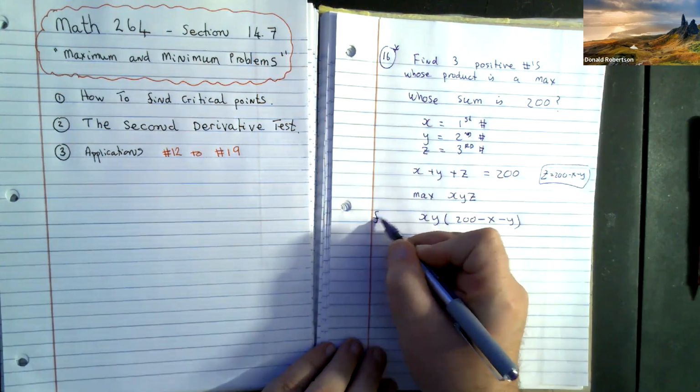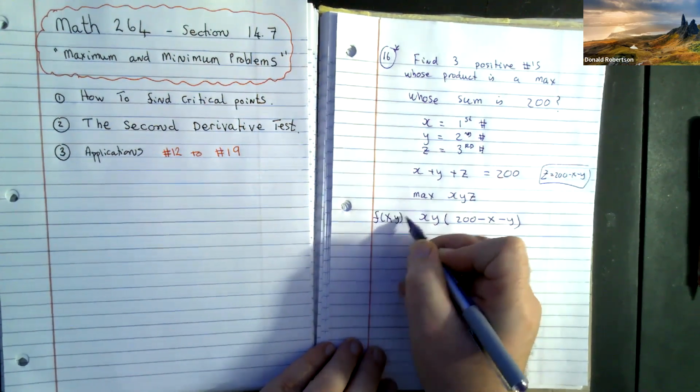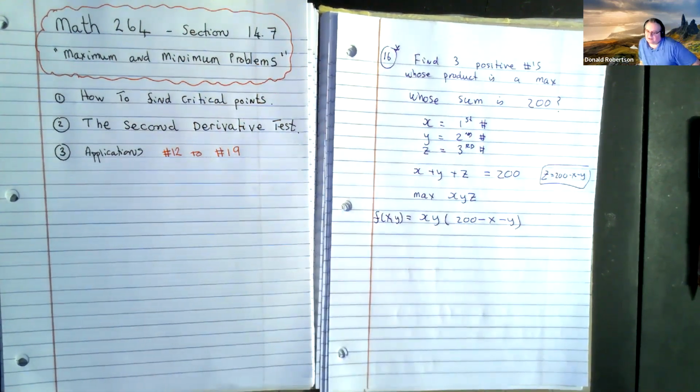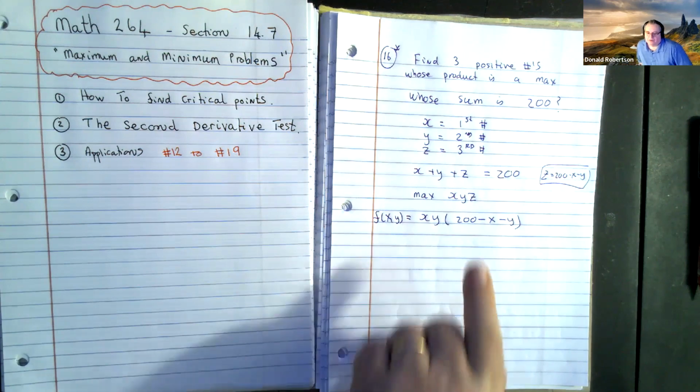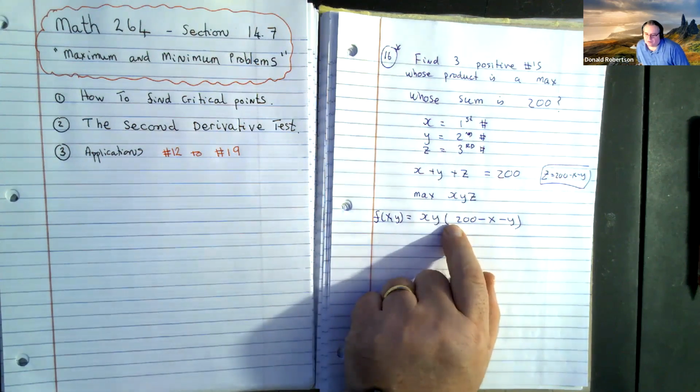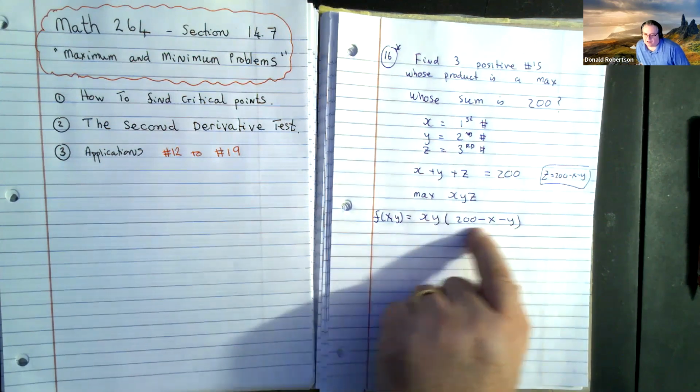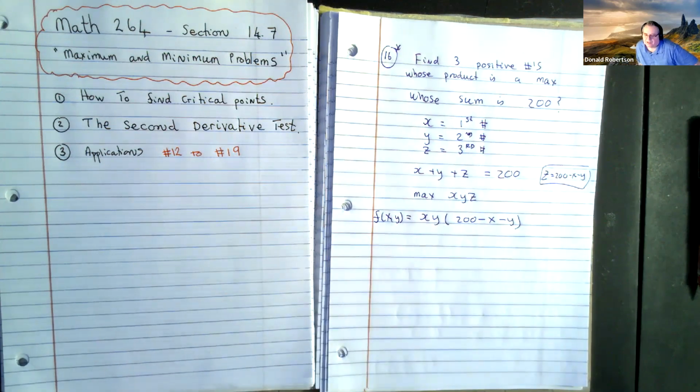I now have the function that I need. And I need a function with only 2 variables in it, or else this thing goes haywire, right? We need to find for what value of X and Y, this guy is a maximum. And that means we're going to find its critical numbers.